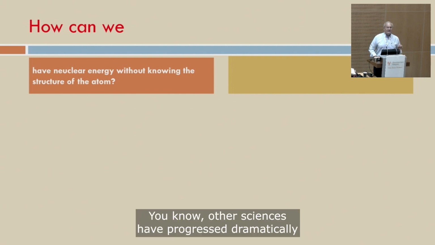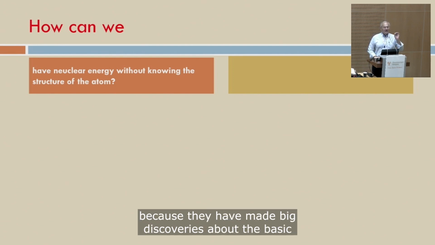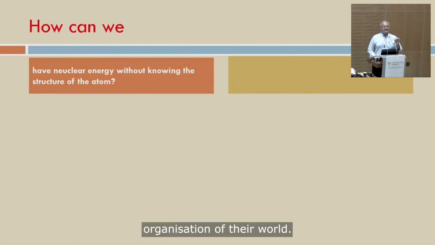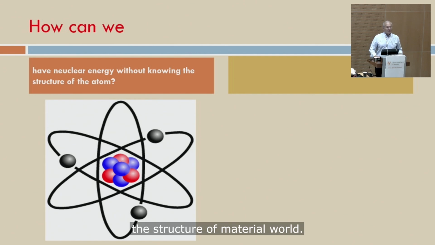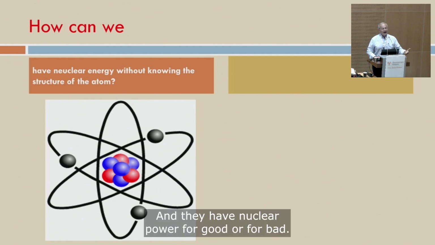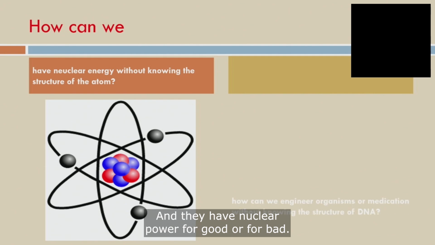Other sciences have progressed dramatically because they have made big discoveries about the basic organization of their world. Physics understood the structure of the atom, the structure of the material world, and they have nuclear power, for good or for bad.